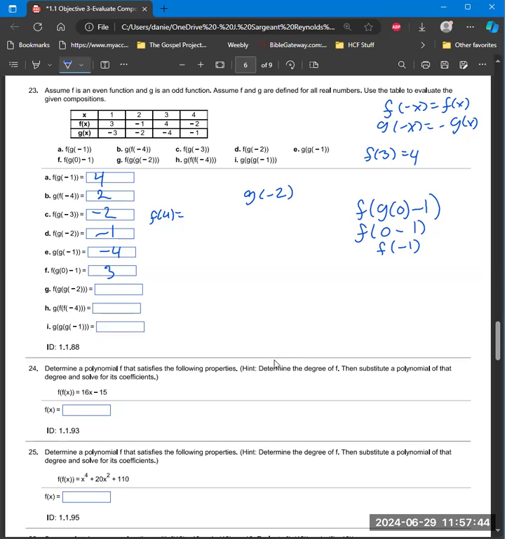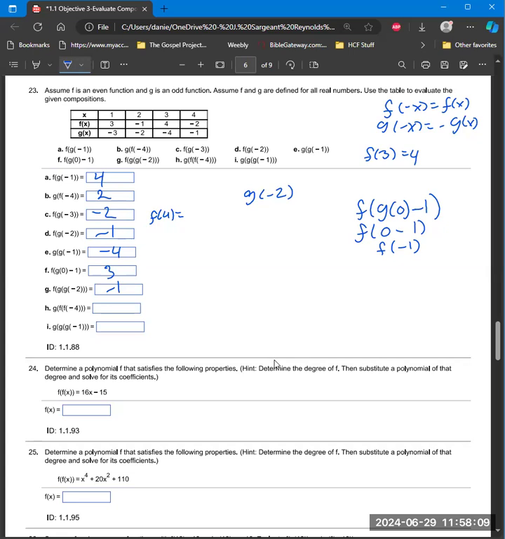f of g of -2. So g of -2 is 2. g of 2 is -2, and f of -2 is -1. f of -4 is a -2. f of -2 is a -1.